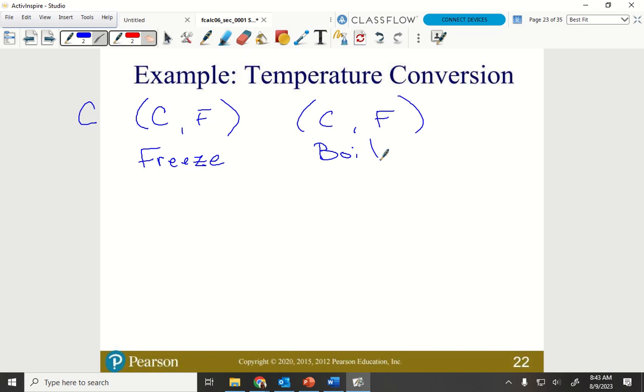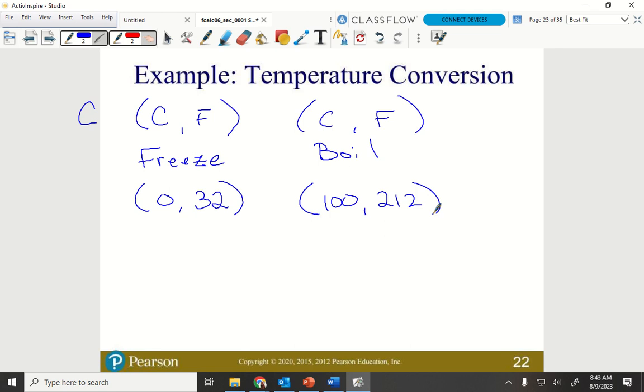Anyway, so freeze is 0 degrees Celsius and 32 degrees Fahrenheit. Boil is going to be 100 degrees Celsius and 212 degrees Fahrenheit. I have 2 points here now, right?